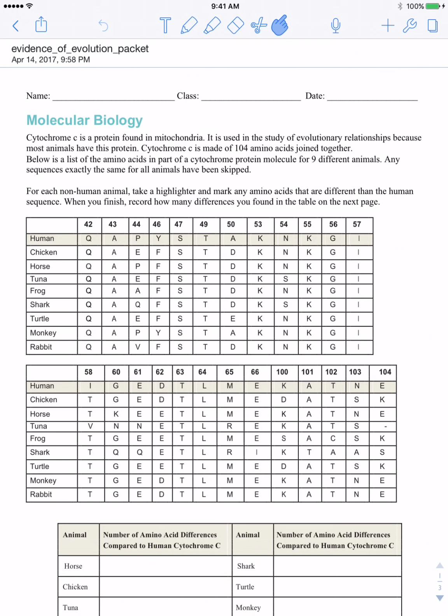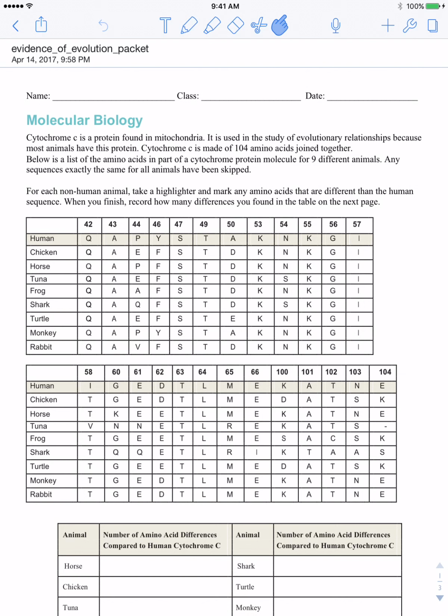Your DNA is translated into proteins that make you. And if you are made out of proteins, those proteins have little building blocks called amino acids. One of the ways that scientists can tell evolutionary relationships between species is by seeing how many of those protein building blocks we have in common.